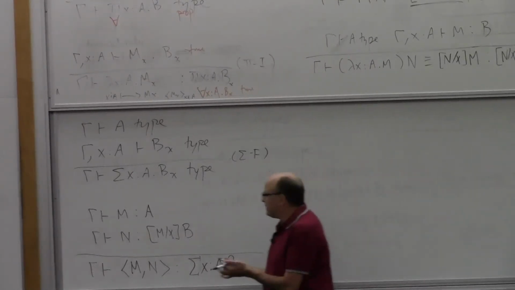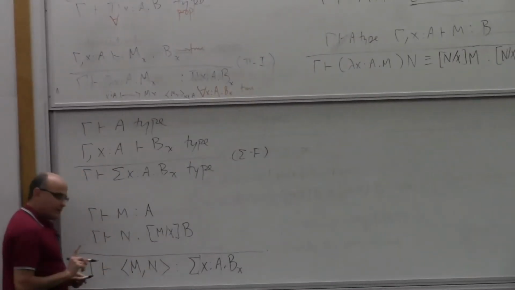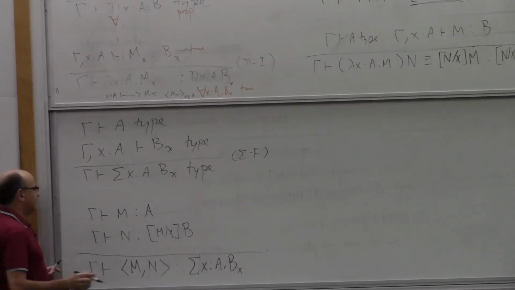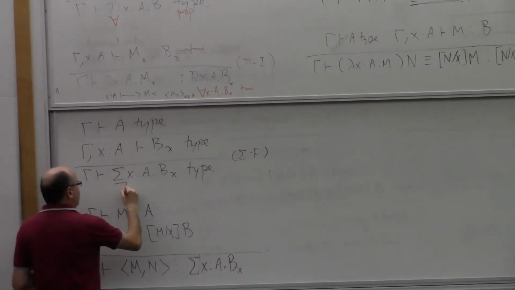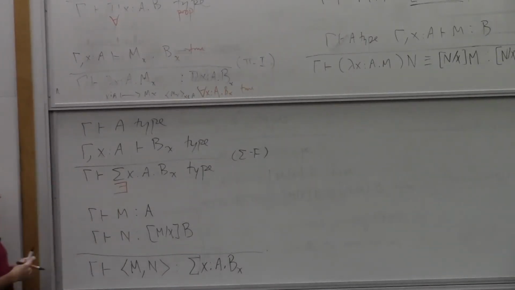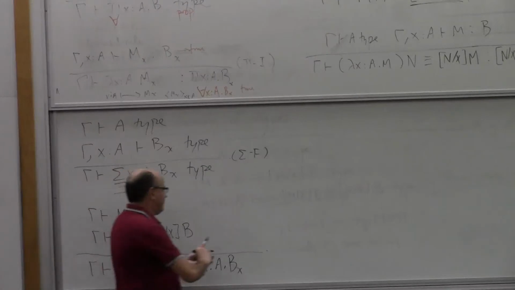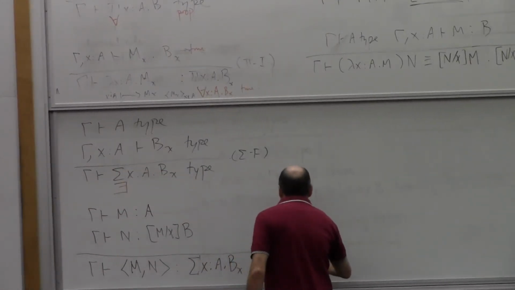So now I want to say that this corresponds, and again, the correspondence is a little awkward because it doesn't line up with some textbook exactly, and I'll tell you why in a minute. But it sort of corresponds to an existential quantification. You can see this nicely in what is called the sigma introduction rule.